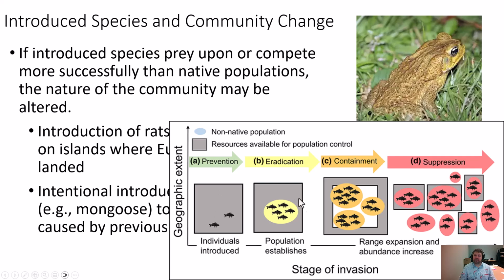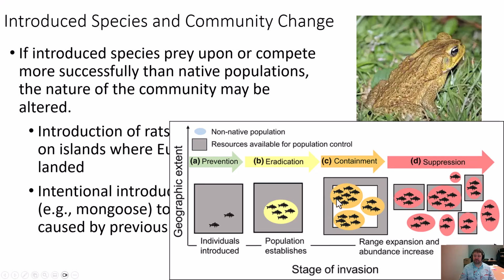Okay, if the non-native population gets out of these two categories, prevention and eradication, they'll get into containment. Which means that we've basically lost. Which means that we're just trying to keep them in a narrow region.